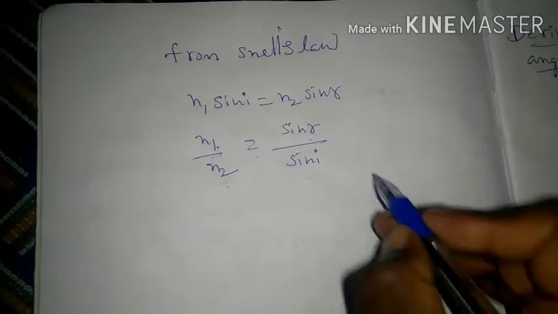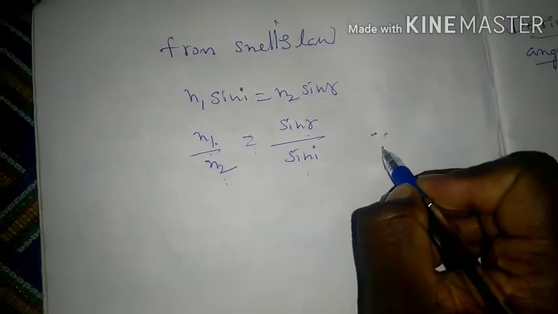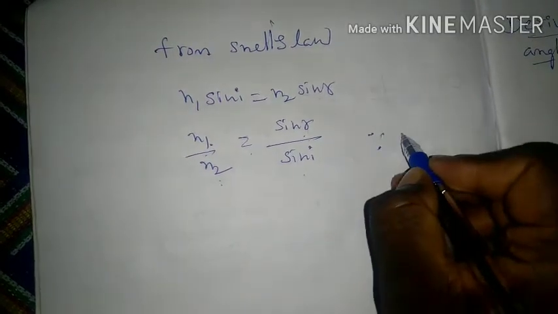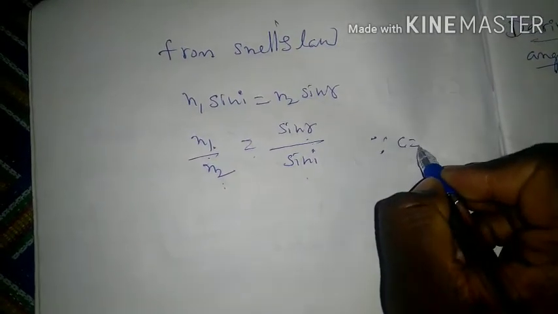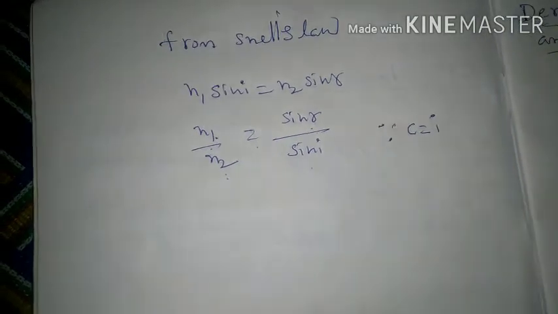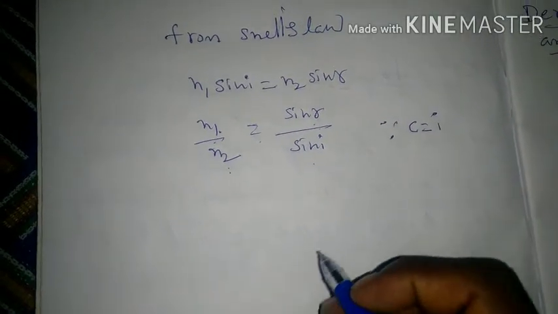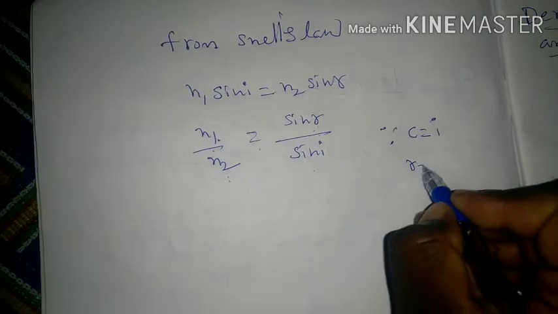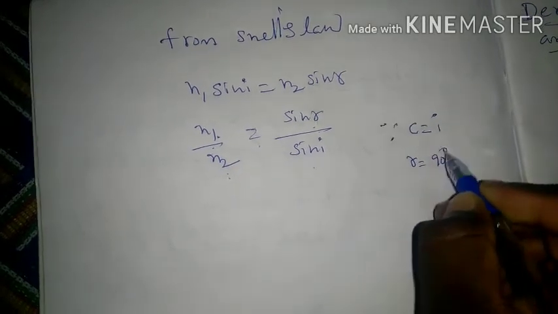Since C is equal to I, R is equal to 90 degrees.